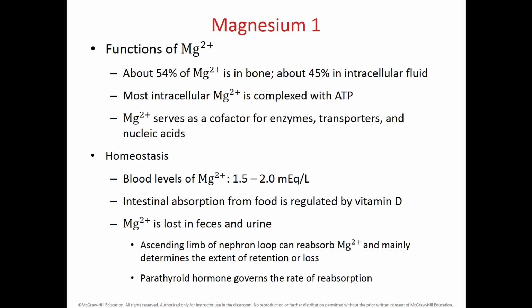Now, we need to have between 1.5 and 2 milliequivalents per liter of magnesium in our blood, and these levels are maintained by intestinal absorption of magnesium from the food if you have a good diet that is rich in magnesium, and this absorption will be regulated together with calcium by vitamin D. Magnesium excess is lost in feces and urine, and specifically the ascending limb of the nephron loop, or the loop of Henle, will reabsorb magnesium and determines the extent of retention or loss of magnesium.